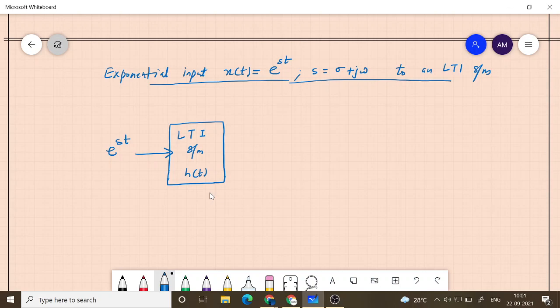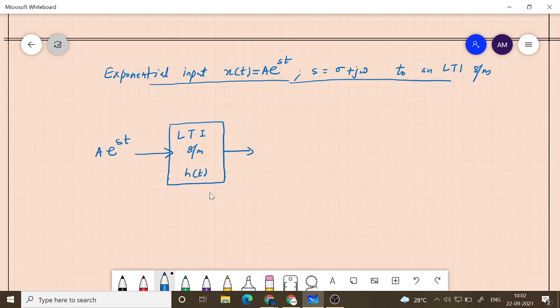Otherwise it is very general; you can keep A also, that is no issue. Then it is very general. Amplitude you can vary, and s is a complex number, it has a real part and an imaginary part.